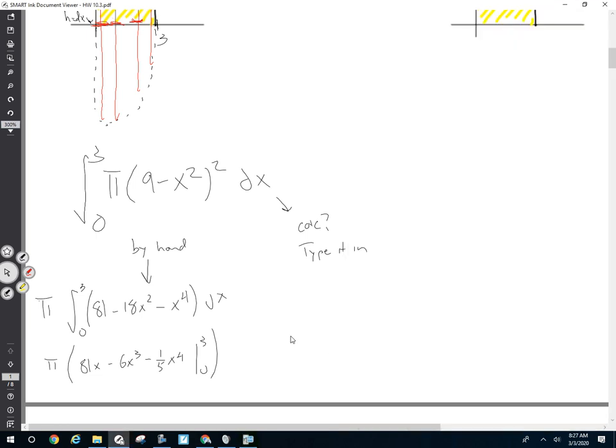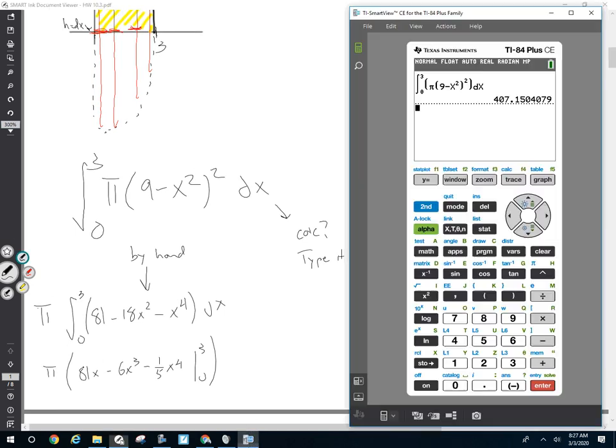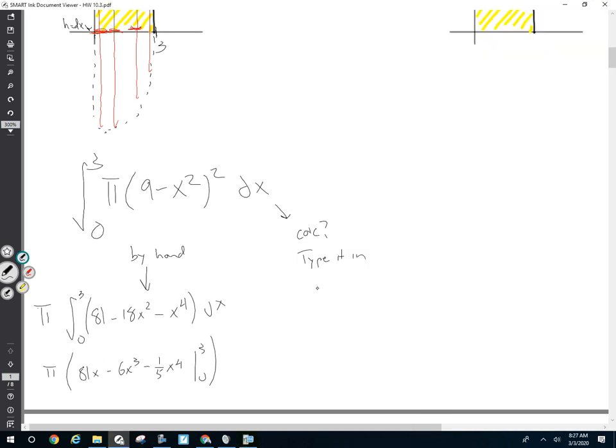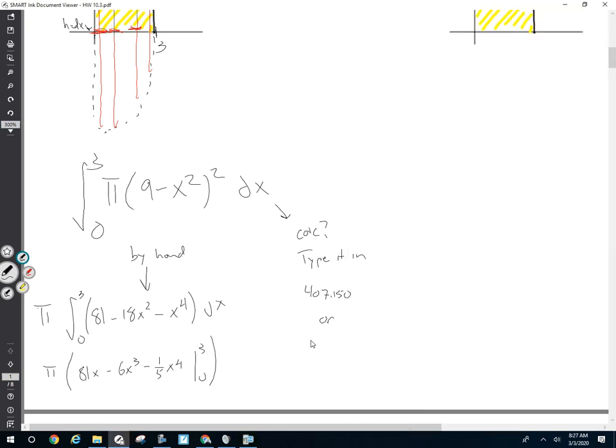Okay, so either it's going to be 407.150, or we will leave the pi out and then just say it's a multiple of pi, this multiple times pi, because it's a constant. We can pull that pi out, so 129.6 pi. And that's what we would have gotten if we actually calculated this.